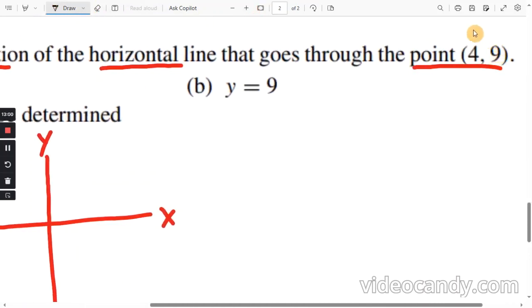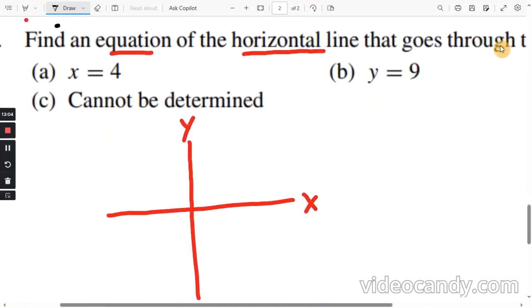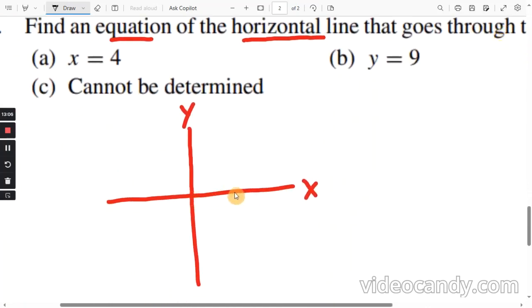Okay, 4 on the x and 9 on the y. So if I go about 4 units on the x and then about 9 units on the y, that's 4, 9, that's right here. That point is 4, 9.